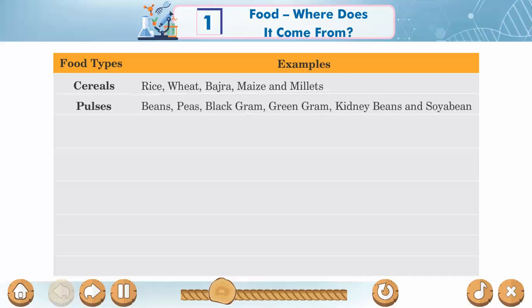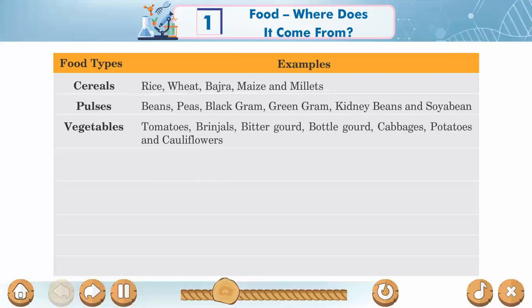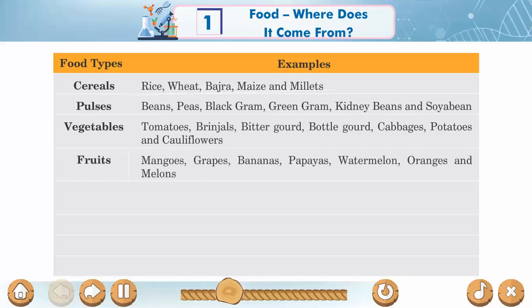Pulses, beans, peas, black gram, green gram, kidney beans and soybean. Vegetables, tomatoes, brinjals, bitter gourd, bottle gourd, cabbages, potatoes and cauliflowers. Fruits, mangoes, grapes, bananas, papayas, watermelon, oranges and melons.